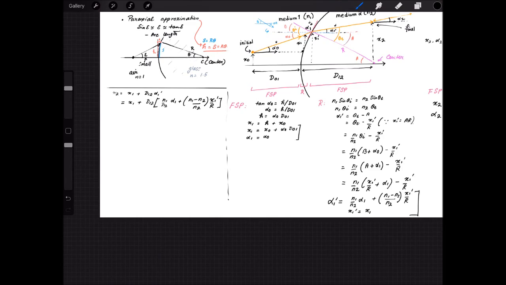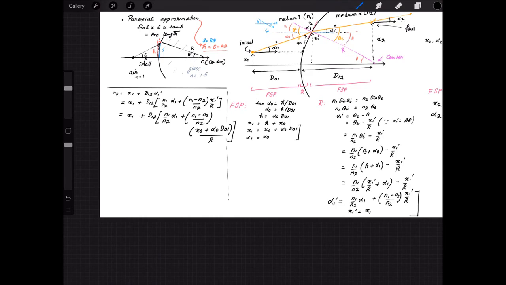So x1 plus d12 times n1 over n2 alpha 1 plus n1 minus n2 over n2 times x1 prime, which was x1, which is related to x0 as x0 plus alpha naught d01 over R. So that is your x2.